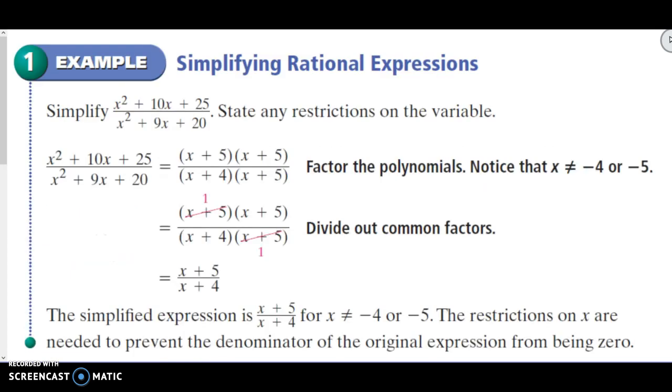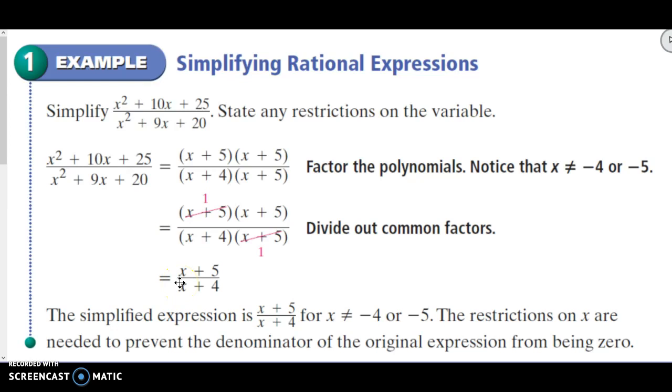Looking at example 1, you need to either factor the trinomials, or if they are already factored, then you just want to cancel out any like expressions that you may have. So the textbook author in this one factored it down, and then we have x plus 5 and x plus 5 in the numerator and denominator, so those cancel out, and you're left with x plus 5 over x plus 4.